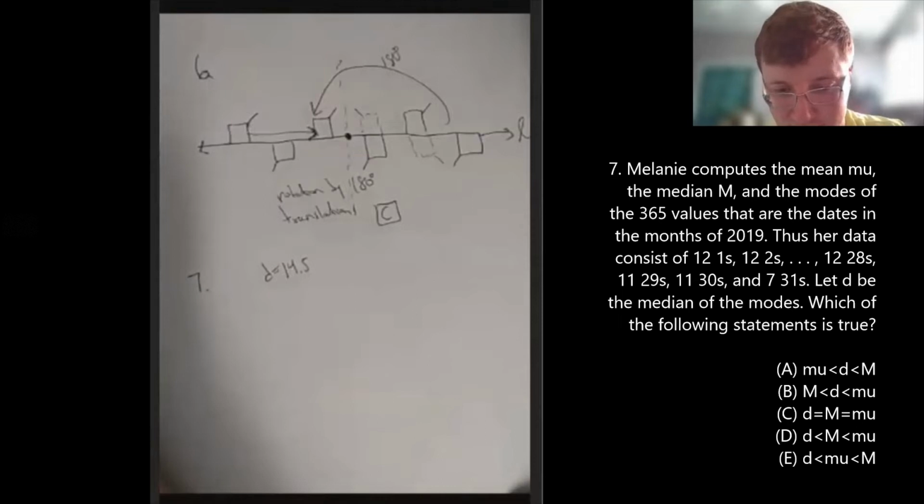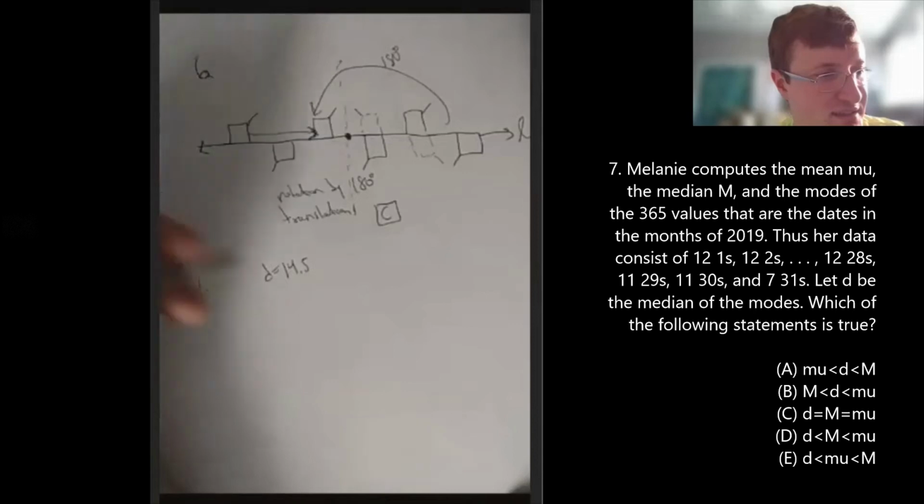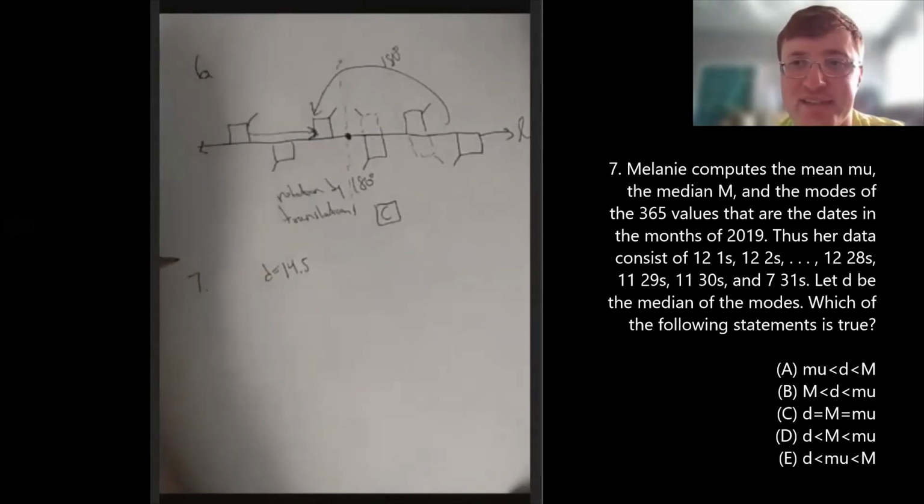The mean, what will the mean be? Well, the mean will definitely be bigger than 14.5 because that would be the mean of a bunch of ones, twos, and 28s, but they're also bigger numbers.